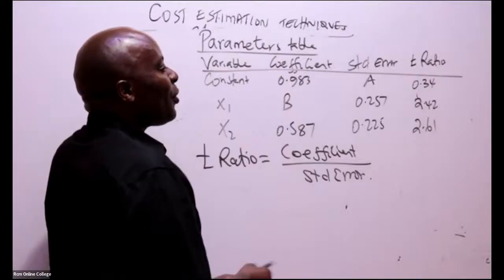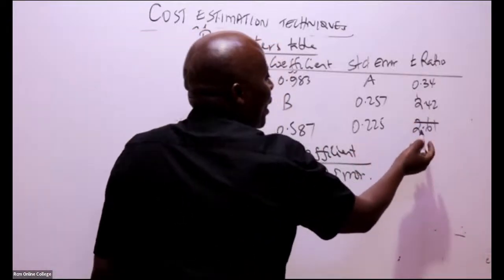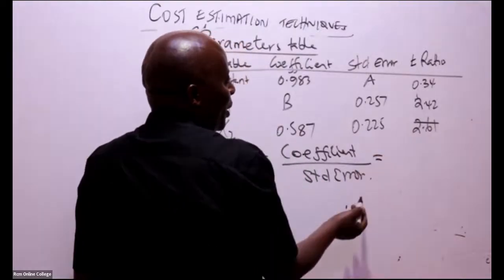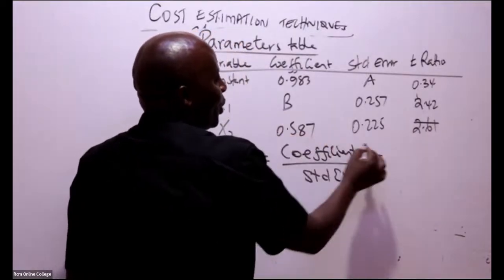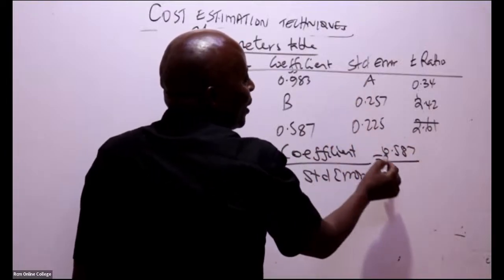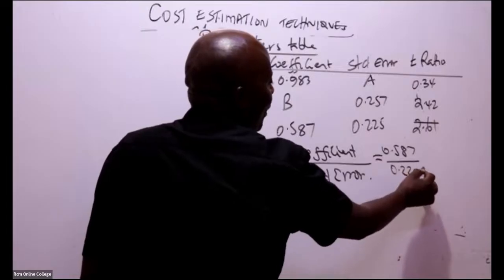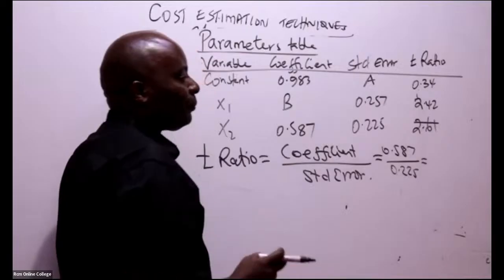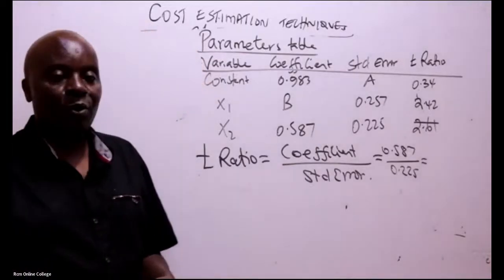So for example, if this one here was missing, and somebody wanted us to calculate this T ratio, how would we have gotten it? We would have taken this coefficient, which is 0.587, divided by the standard error, 0.225.